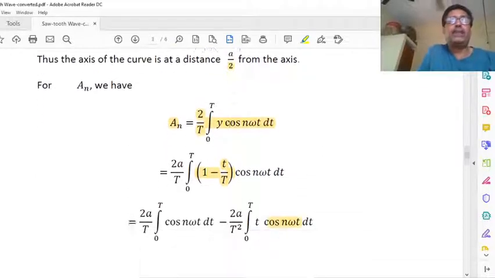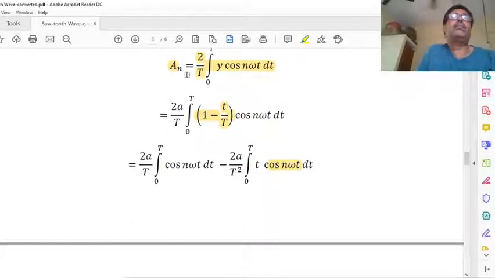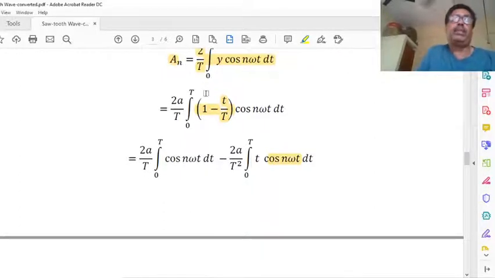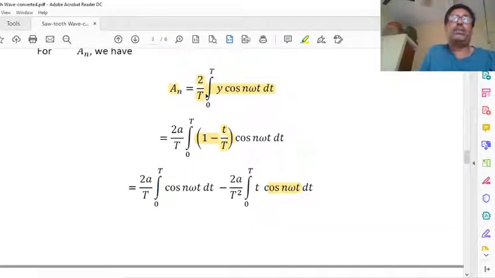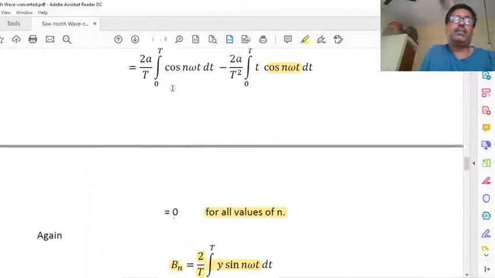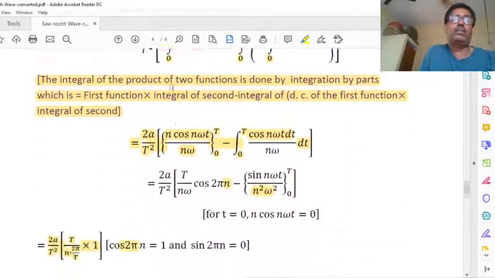Then an, which will tell whether the cosine terms are present or not, and if they are present, in what manner they are present. And bn. You saw that an is equal to 0, and we can declare that cosine terms are absent from the sawtooth wave. And lastly, bn is equal to this one.